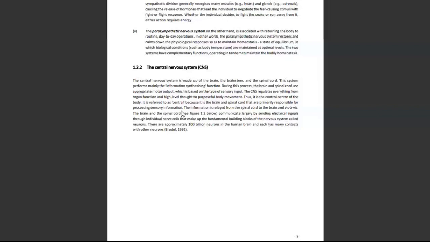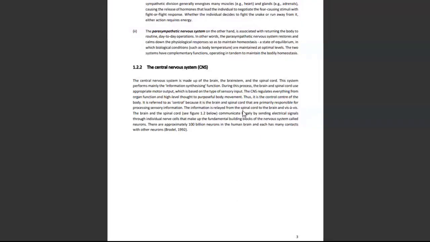So both the brain and the spinal cord are primarily responsible for processing information. The information is relayed from the spinal cord to the brain. What do they mean by that? I'm talking to you right now. Your eardrums receive information. The information does not go straight to the brain. Someone touches you right now.